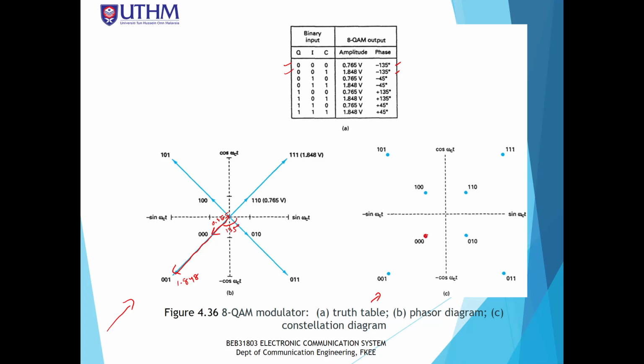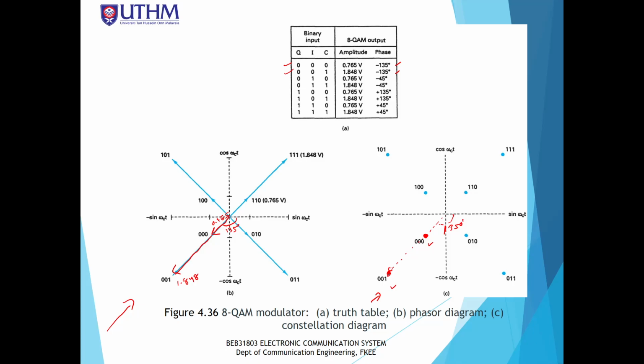So this is a dot over here, at 135 degrees. And the second input is at minus 135 degrees, but further away, different in terms of amplitude. So this is 0.765 amplitude. Another one is 1.848 volt amplitude. So this is just for two inputs.